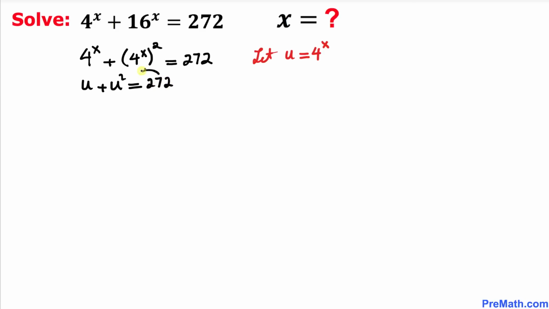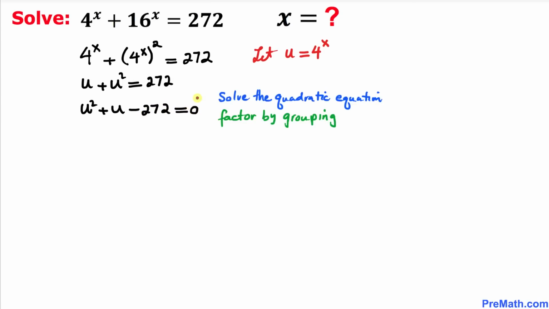Let's move this on the left hand side and rearrange them. I'm going to put them in descending order. So I can write u square plus 1u minus 272 equals 0.